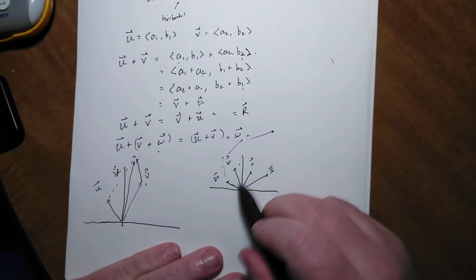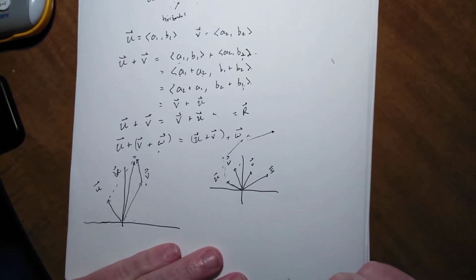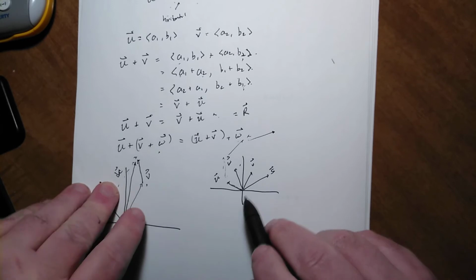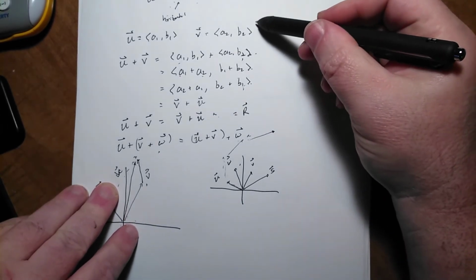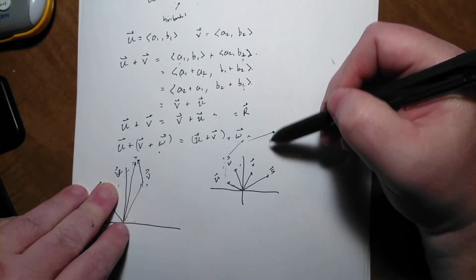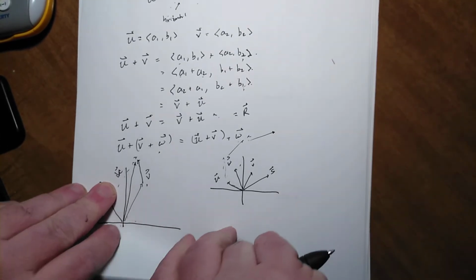And I doubt anybody would ever ask you to do this. I certainly wouldn't, because this is tedious. If I wanted you to add vectors that way, I would give you a list and say, go ahead and add them, because who would ever do this?